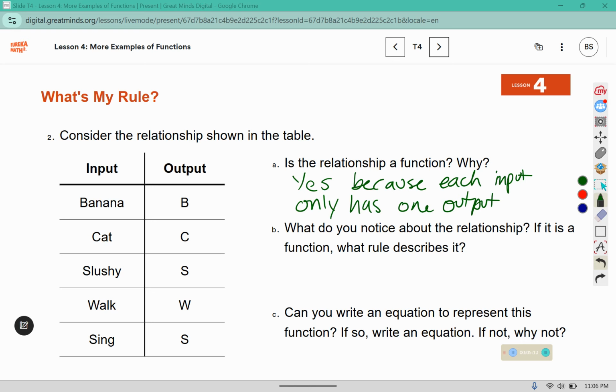What do you notice about the relationship? If it is a function, what rule describes it? Well, the rule is you're assigning the input the first letter.